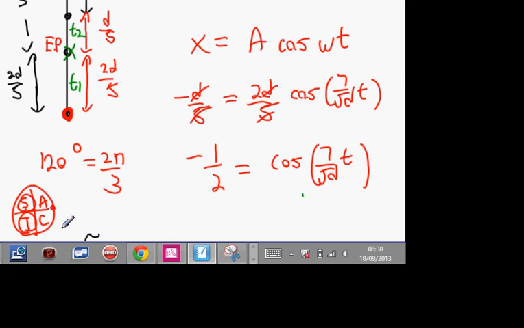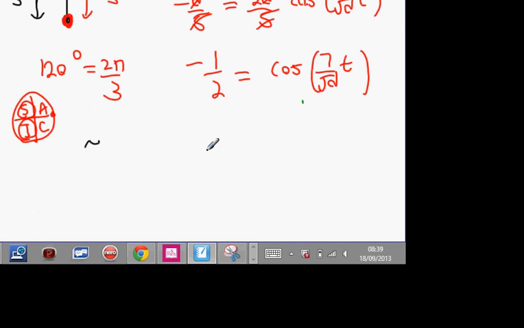Do you got it? So therefore, the answer in the tan quadrant would be when it's on its way up and then on its way back. But we don't need to make it that complicated. Therefore, 2 pi over 3 equals 7 over root d times t. Bring the 7 down and we get the same answer.